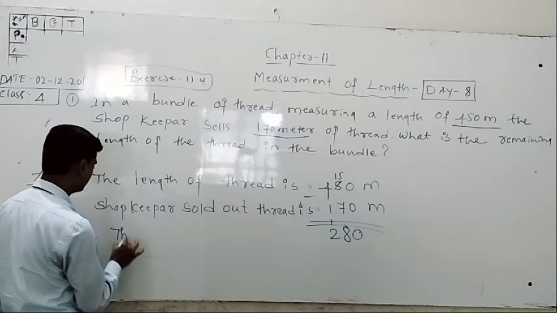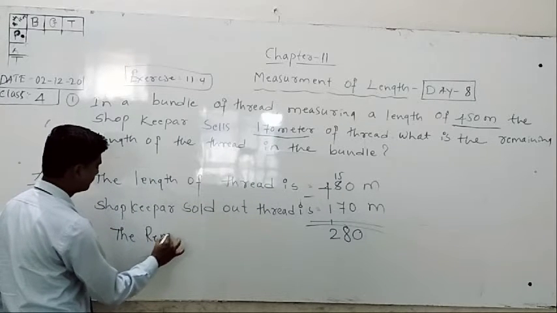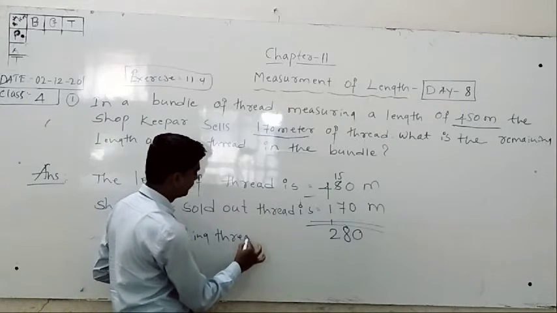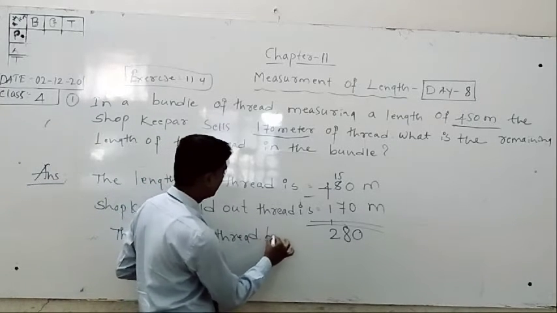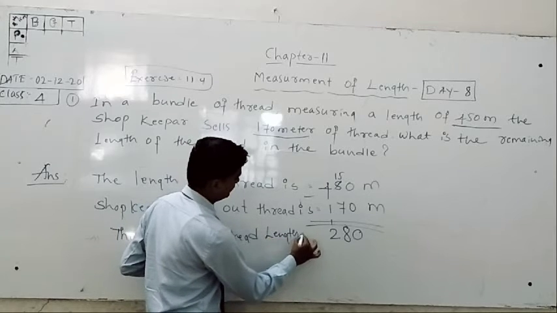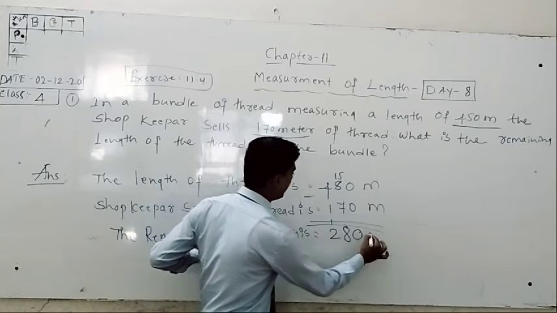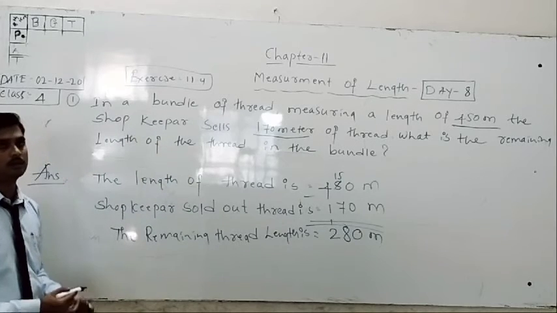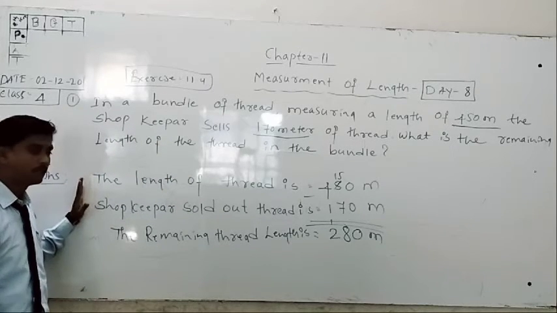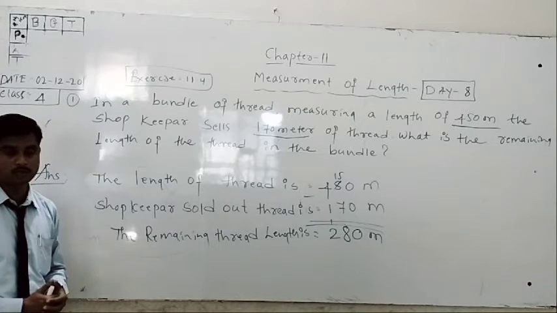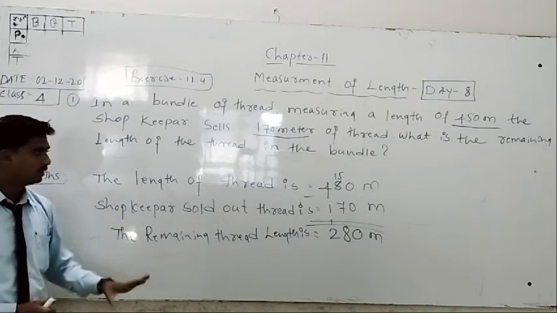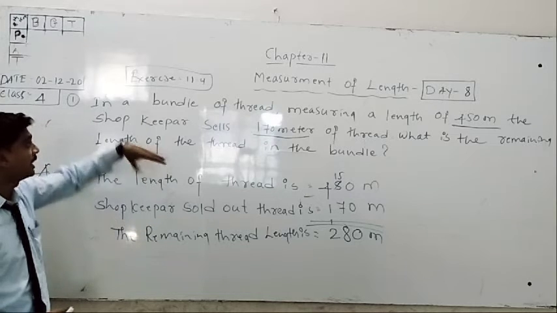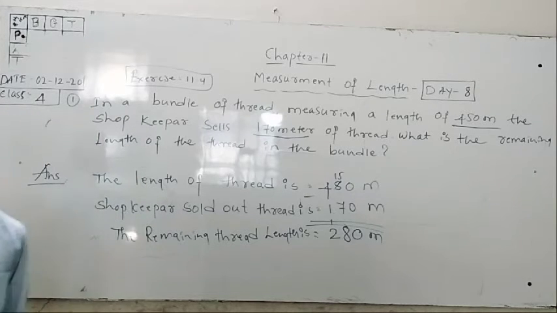The remaining thread length is 280 meter. 280 meter. All of you write down this one in your textbook only. Already open your textbook. Then you should write the first problem in your textbook. Then afterwards you should write again one time in the clear book. Write down first.